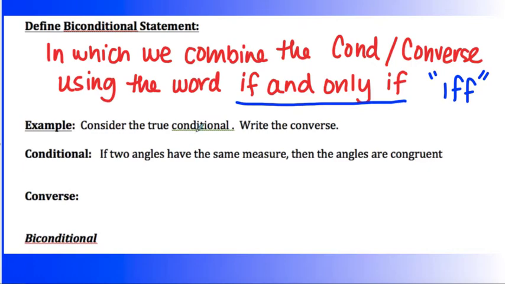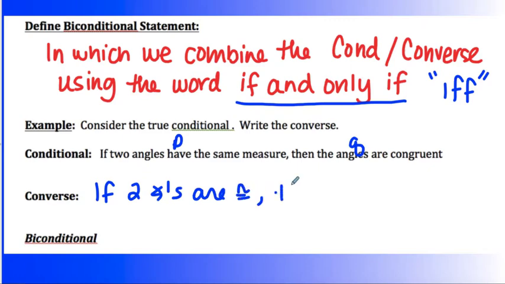All right, so consider the true conditional. Let's write the converse. So I gave you a conditional. I'm telling you it's true. If two angles have the same measure, then the angles are congruent. If I flip it around, here's my P, here's my Q. If two angles are congruent, then they have the same measure.